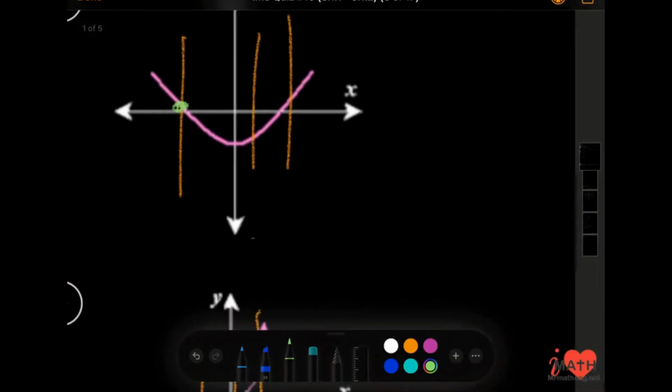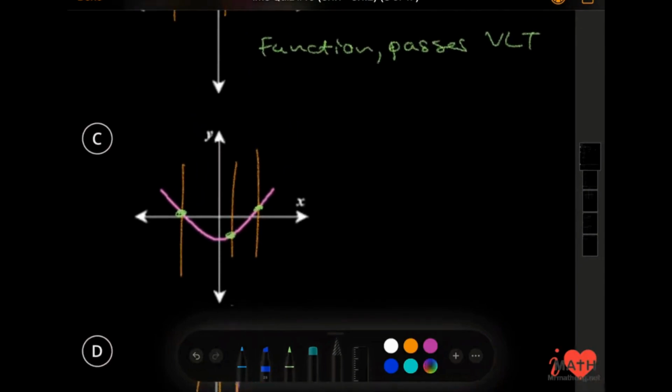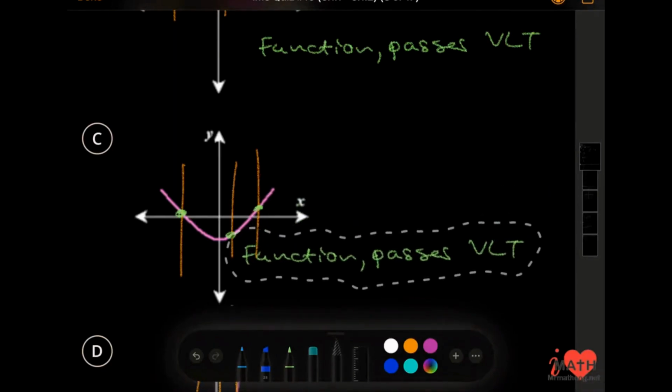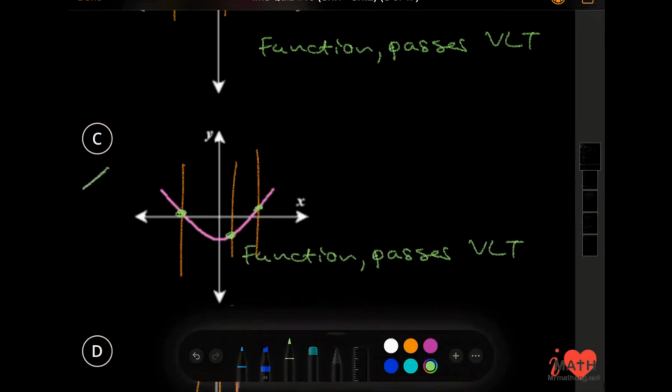Same thing here, passes, passes, passes, then this one is a function. So this one is not what we're looking for.